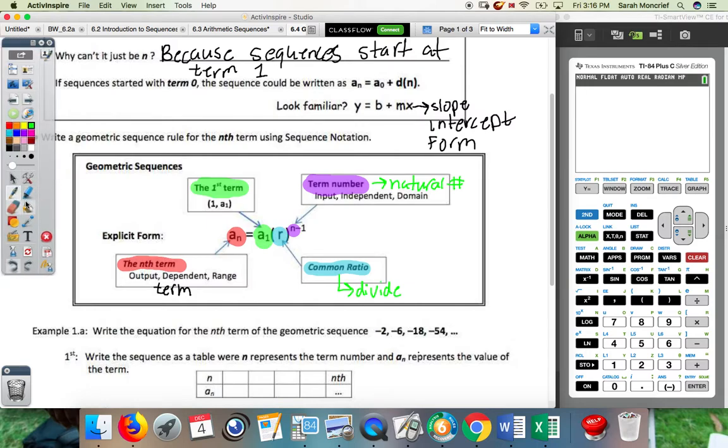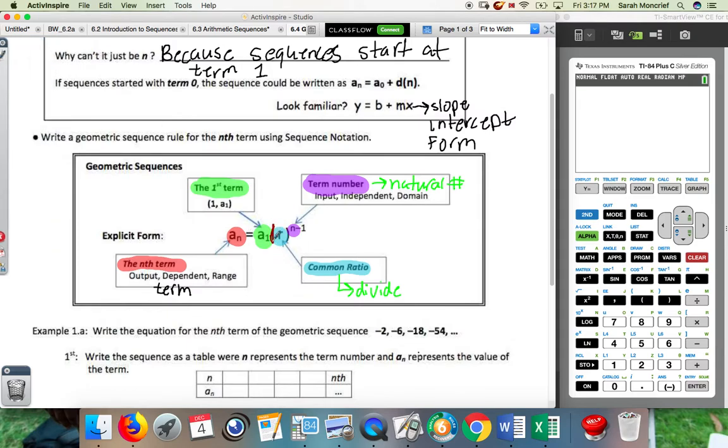There's one thing here that we need to stress, and that is the parentheses. These parentheses are super important because when you start plugging it into the calculator, it is going to mess everything up.